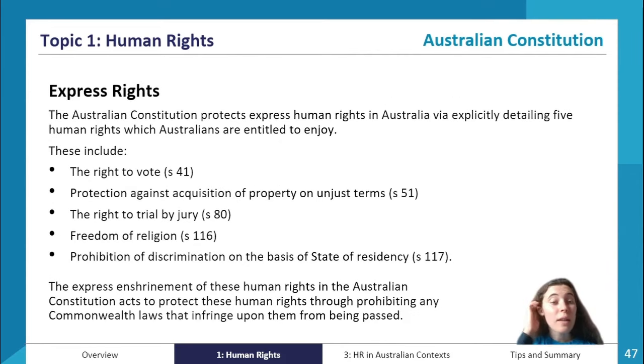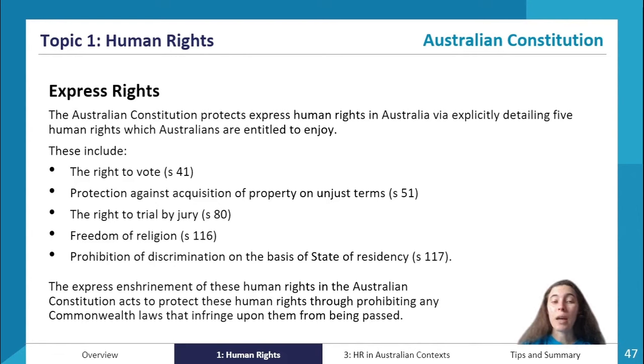So express rights. The Australian Constitution is protecting express rights in Australia by explicitly detailing 5 human rights which Australians are entitled to enjoy.